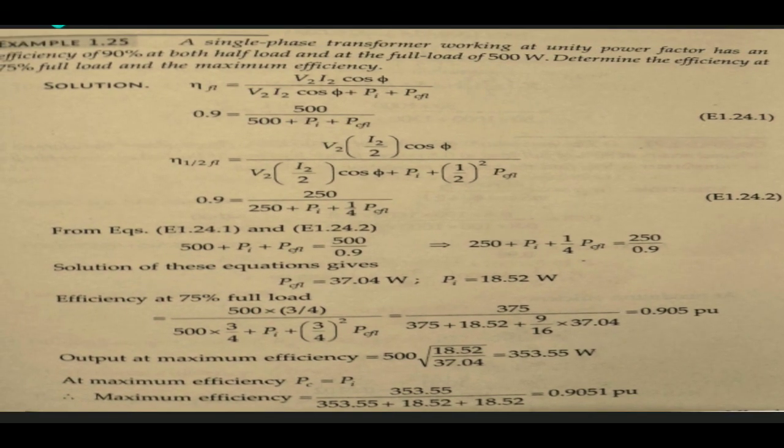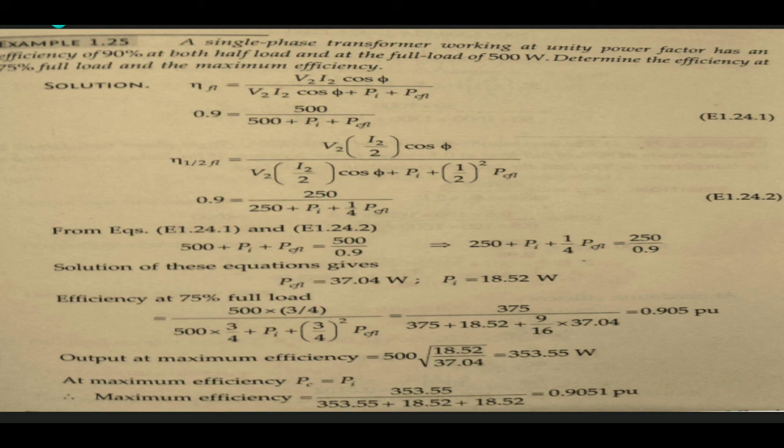So the maximum efficiency equals the output power at maximum efficiency, 353.55, by output plus losses. So output is 353.55 plus copper loss, which equals Pi, so Pi is 18.52, so copper loss is also 18.52.